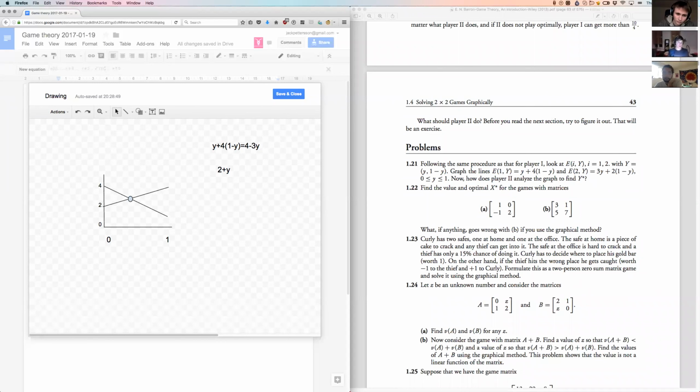And so this is going to be the optimal value for y, and then 1 minus y is the other. To find that point, you set those two equal to each other and solve, and then you get that y is equal to a half. Cool.